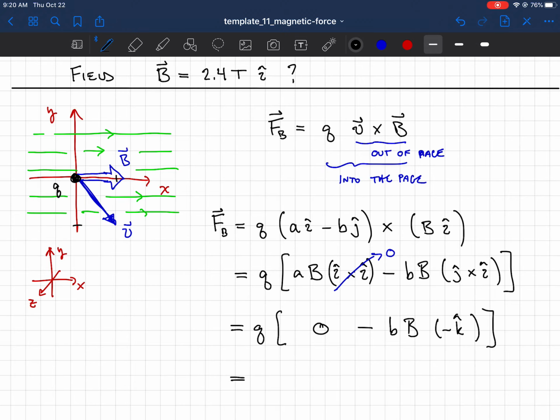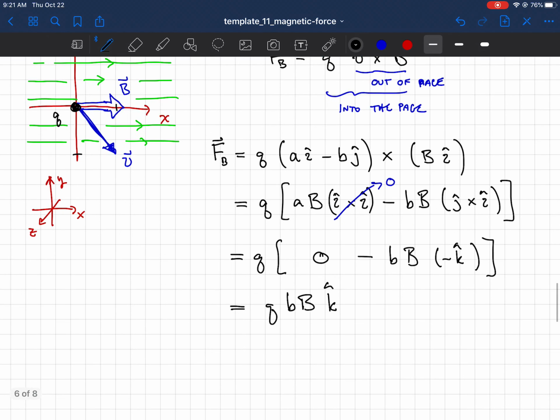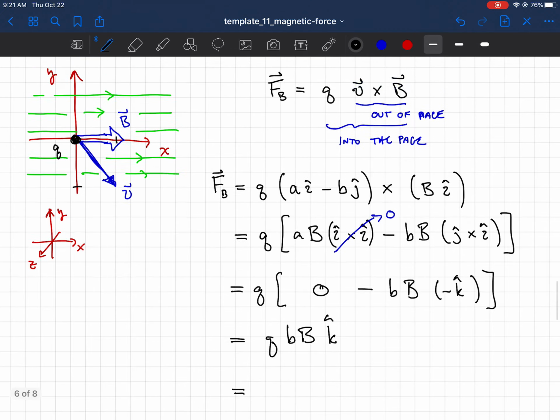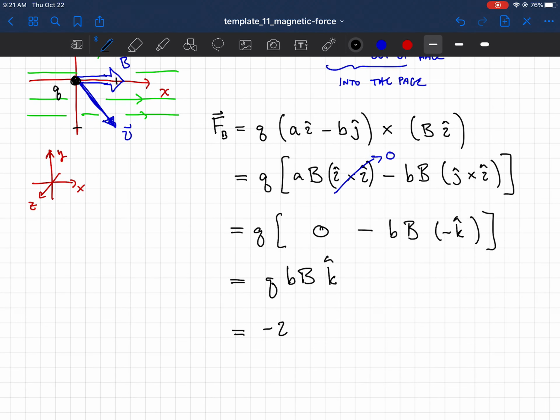Okay. So what do we find? Well, the minuses cancel out and we get q, b, B, k hat. But of course q is negative, so we're going to get something in the negative k direction, and we can just calculate what that number is. So it's minus 20 times 10 to the minus 9 coulombs.